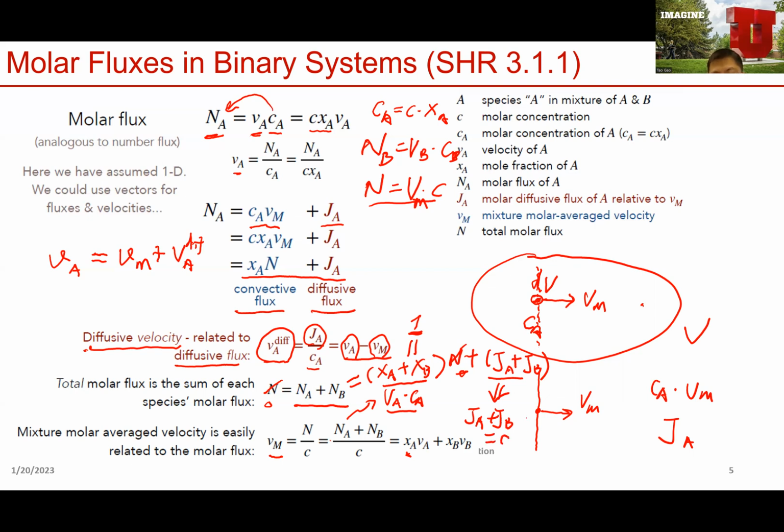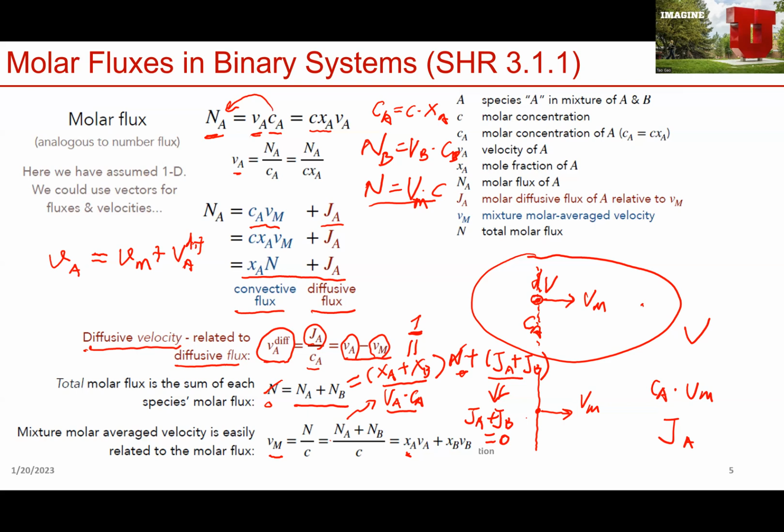Which is to say, in a mixture, if you add together the diffusive fluxes of all the species, they should sum to 0. For a binary system, the diffusive flux of A plus the diffusive flux of B equals 0, right? So physically, what does this mean?